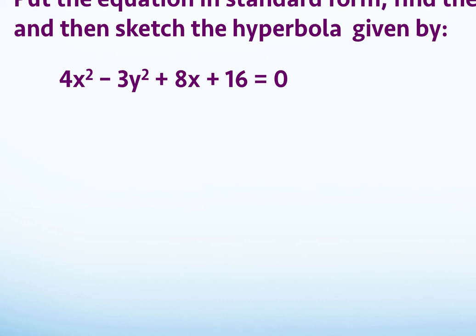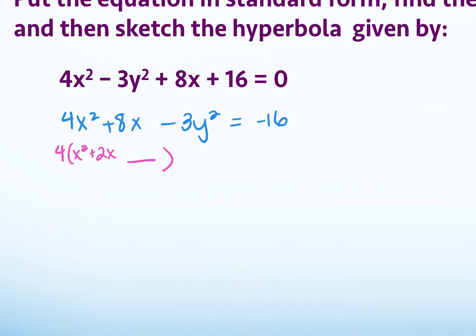If there was a y squared and a y and an x squared and an x, I'm going to complete the square for both. So I'm going to group together the 4x squared and the 8x, minus 3y squared, and bump the 16 to the other side. Take out a 4, and I get x squared plus 2x, leave the space, minus 3y squared equals negative 16. Take the 2, divide it by 2, that's 1, square it, it's 1.